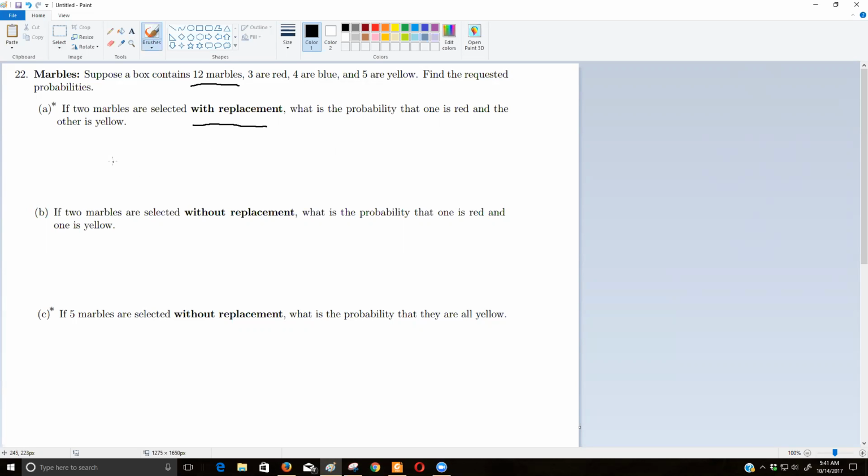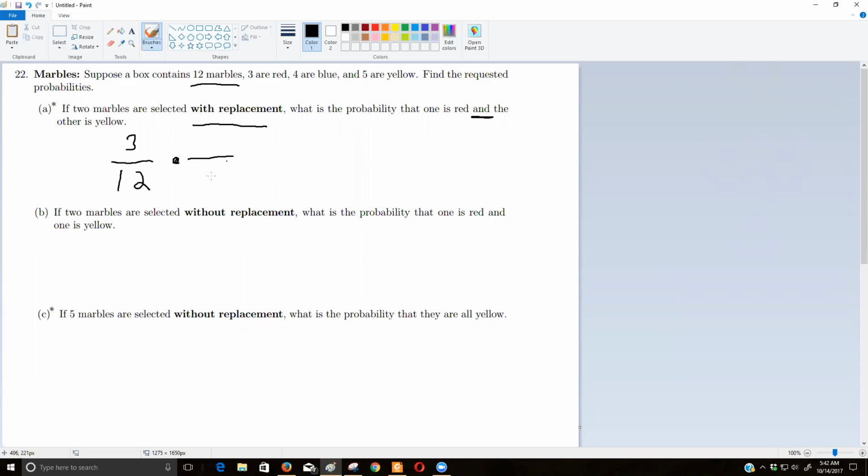So the first way I could take one out is I could say there are 3 red. So my first marble is a red marble, and that's out of 12. And then the other thing I want to pay attention to is this "and," so what I'm going to do is multiply 2 probabilities.